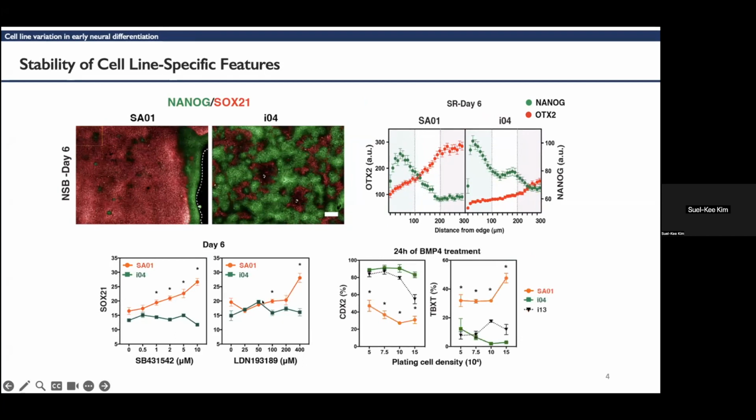If you remember Tyler's talk, SA01 shows a dose-responsive effect with this treatment, but IO4 doesn't respond to the given concentration that we tested. So we believe that for this line, we might need to intervene with other signaling.